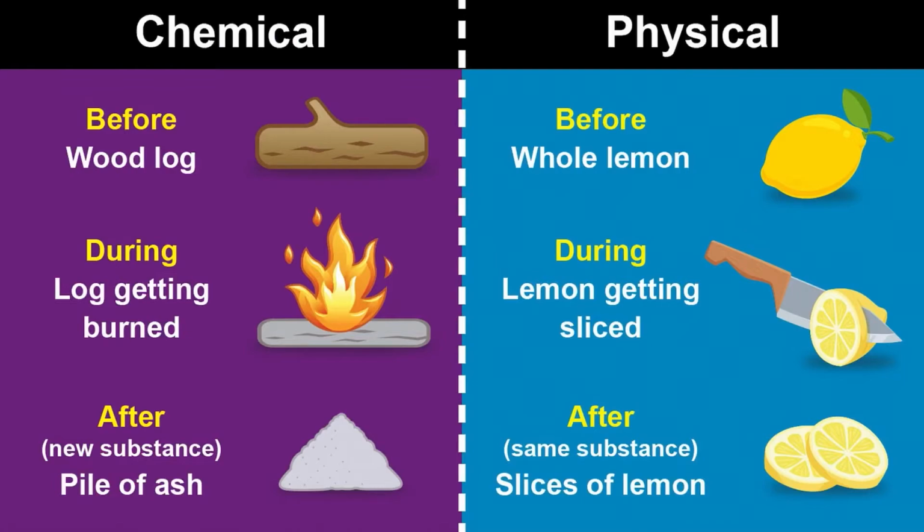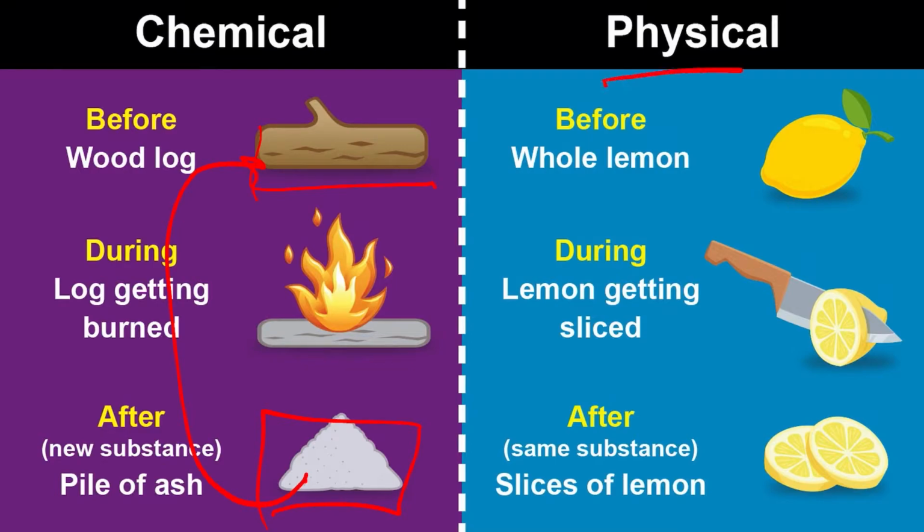In a chemical change, before we had a wood log. During the change, the log is getting burnt, and when you're done with it, you're left with a pile of ash. You did not start with a pile of ash, you started with a log of wood. So if you're ending with something different, that is a chemical change. You have that new substance.